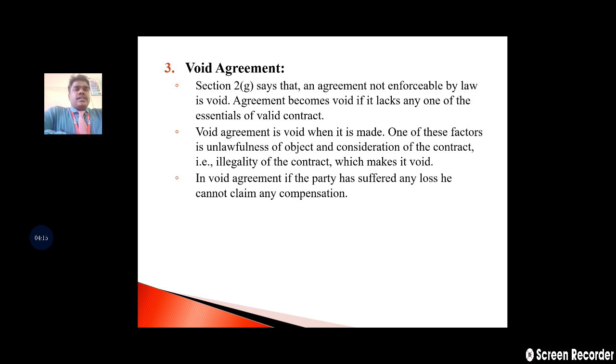One of these factors is unlawfulness of object and consideration of the contract, that is, illegality of the contract, which makes it void. In a void agreement, if the party has suffered any loss, he cannot claim any compensation.